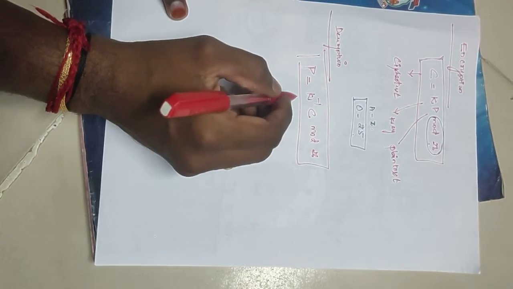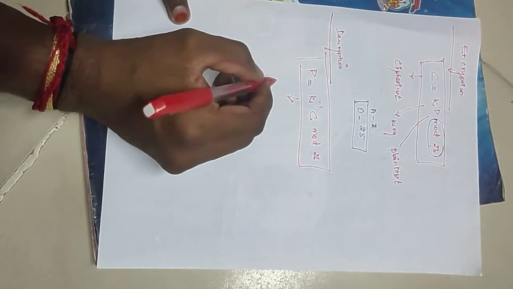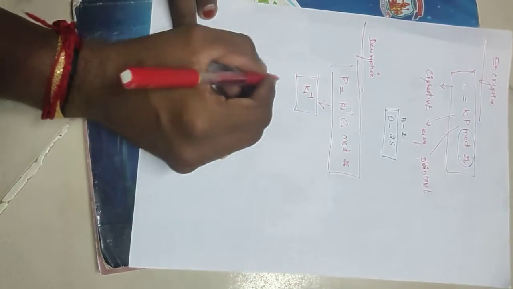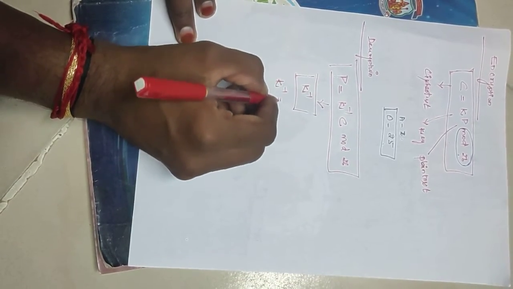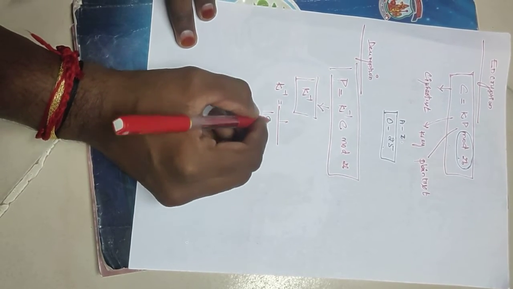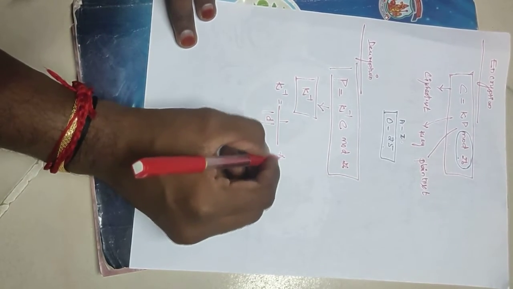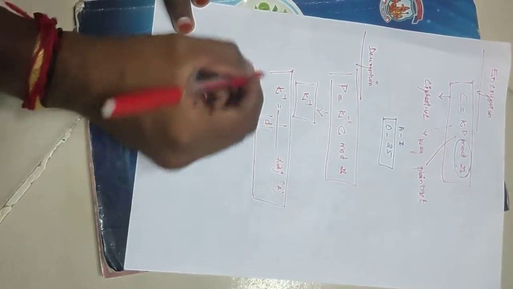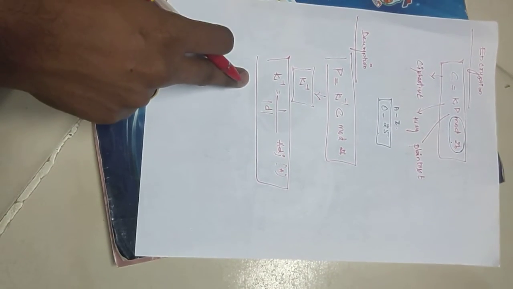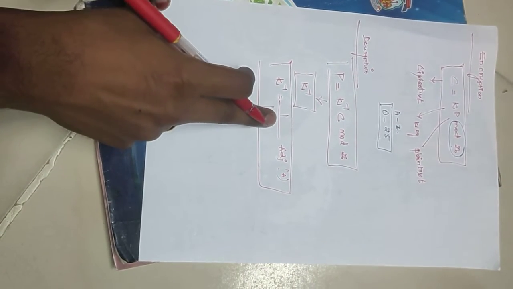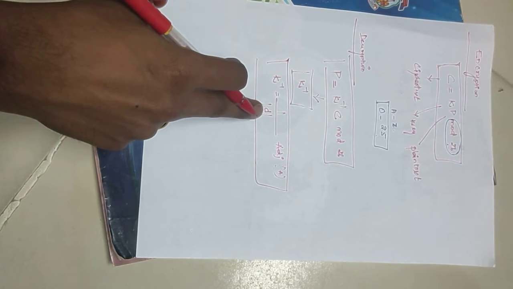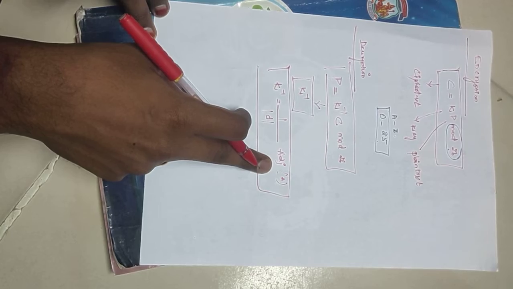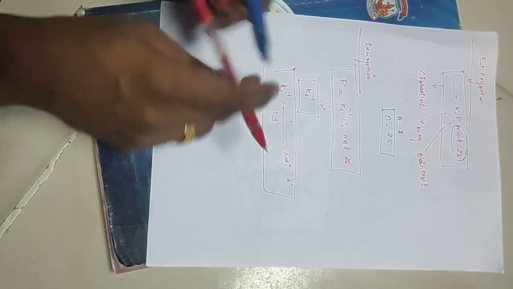Here the most challenging part is how to find K inverse. What is the formula for finding K inverse? It is 1 divided by the determinant of K, times the adjoint of the given matrix. Whatever the matrix is given, this is the formula to find K inverse.